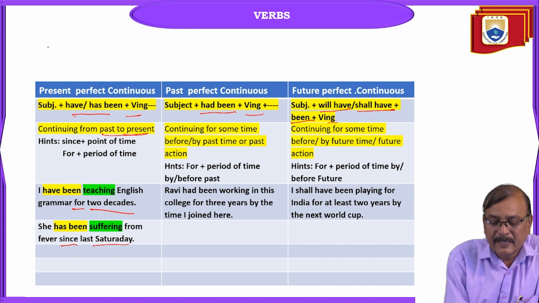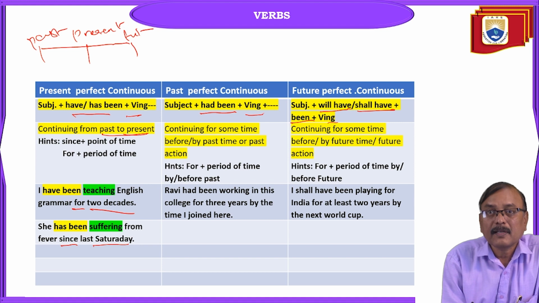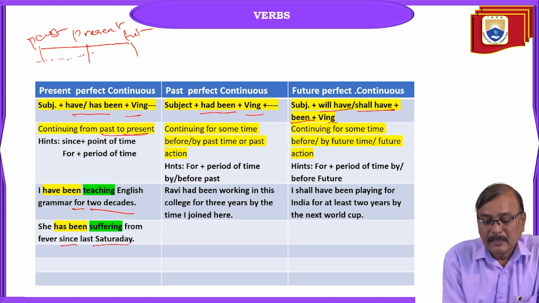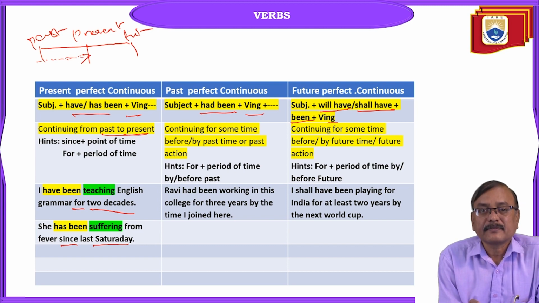If you take the structure like this, say this is present, this is past, this is future. If the actions started in the past and continue now also, this is present perfect continuous.